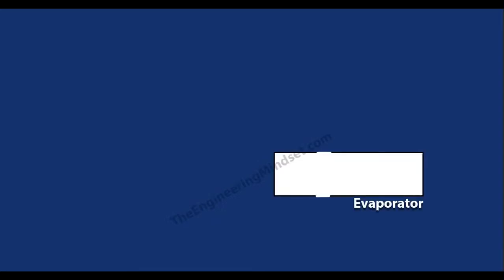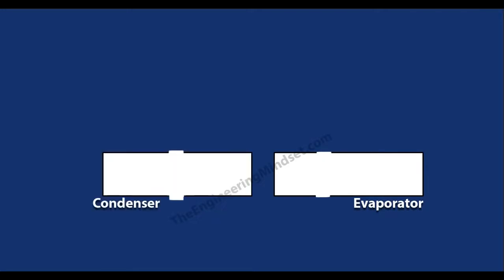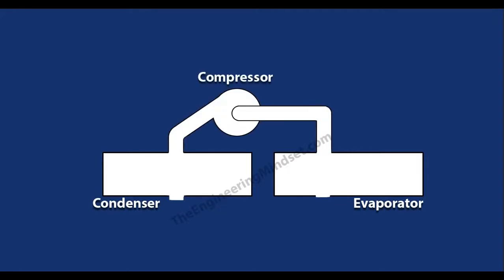There are many designs for a chiller, but these are the four main components which will appear in every single one of them. So firstly, we've got the evaporator, then we have the condenser, then we have the compressor up on the top, and down below it we have the expansion valve.